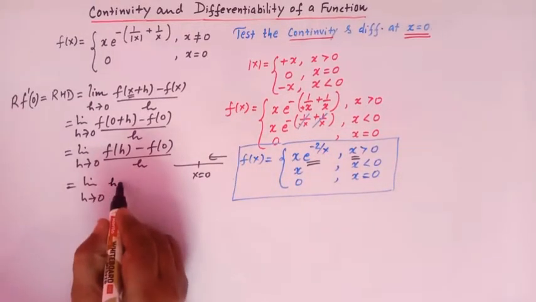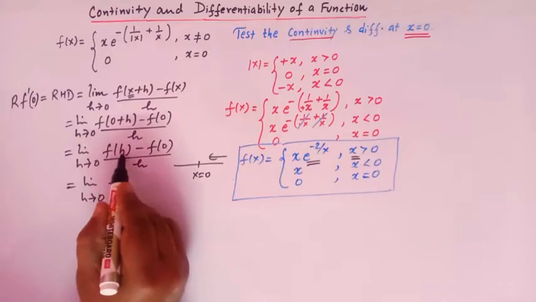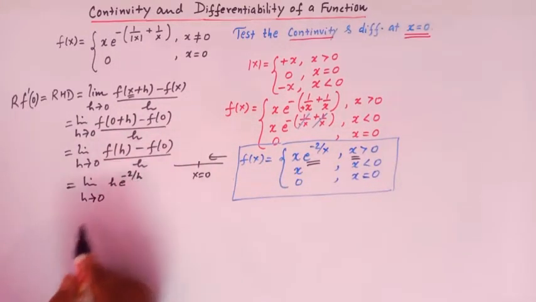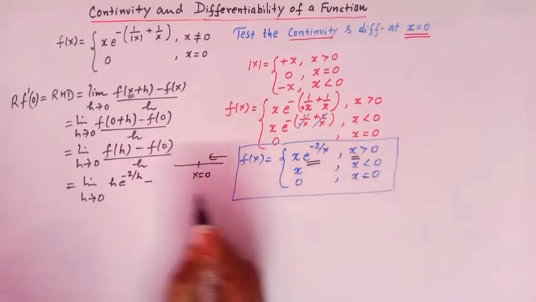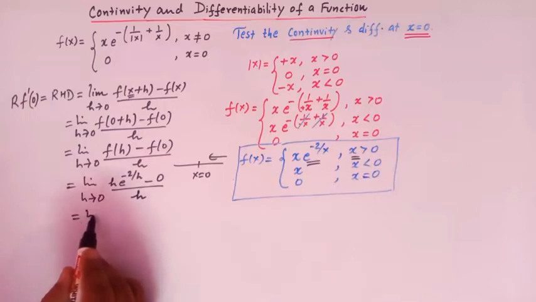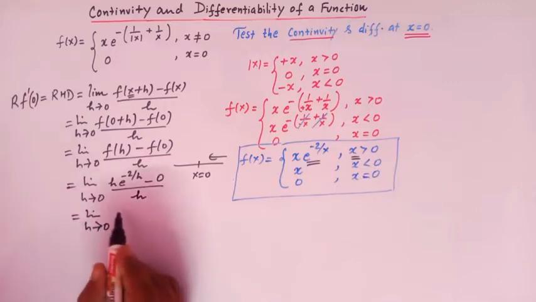So here we have h times e raised to minus 2 over h, because this is f of h, and f of 0 is equal to 0, and we have here h. So now we have limit h tends to 0 of h e raised to minus 2 over h over h.